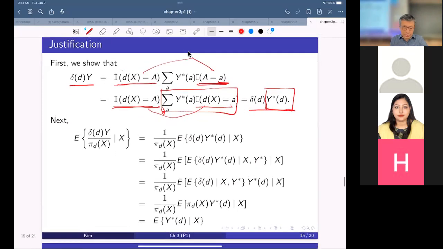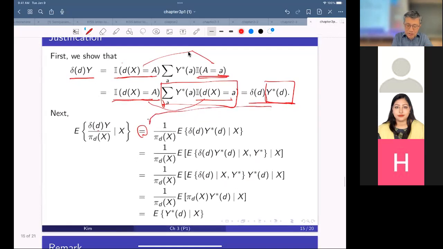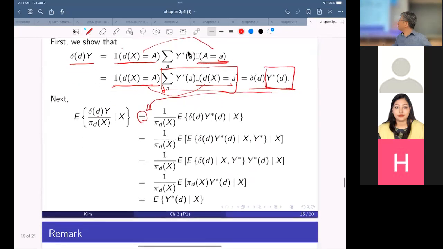Once you do that, the first equality basically uses this result, right? After that, things are relatively straightforward. You just use the same technique to identify the propensity score IPW estimator.